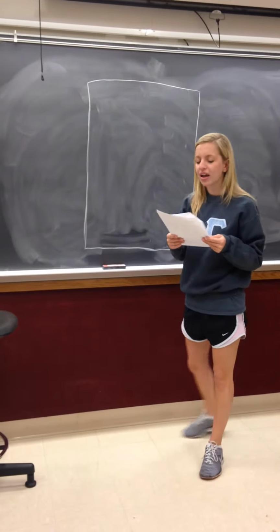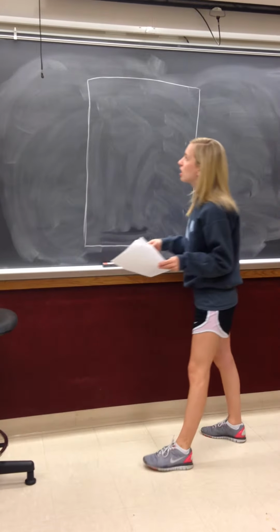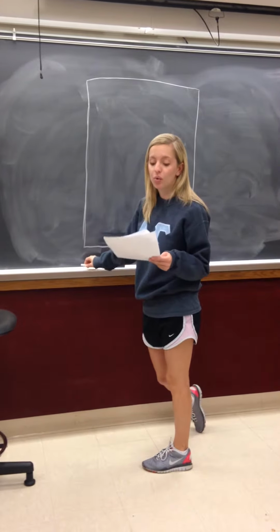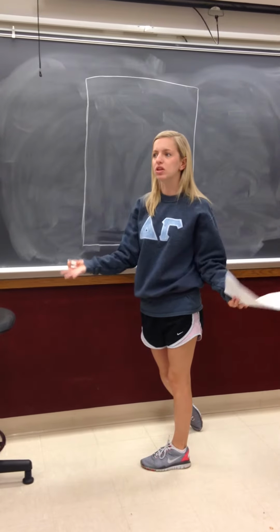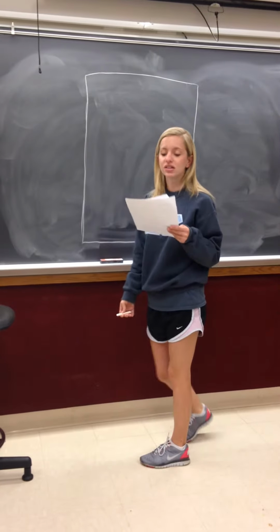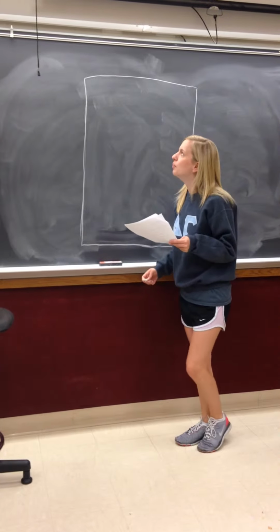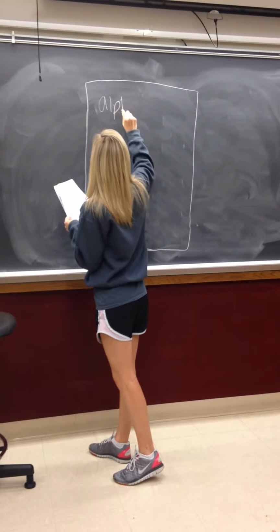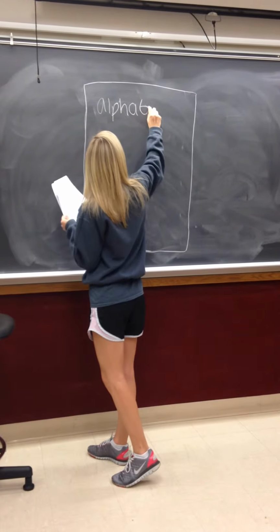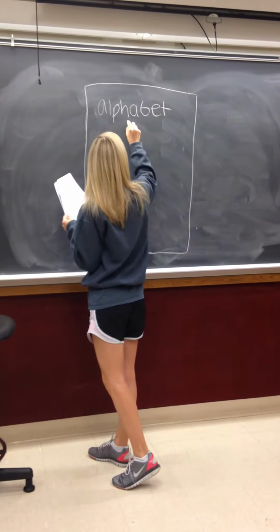So we are going to talk about what we think alphabet books are good for. Like, what can we use them for? First, let's label our anchor chart about what we are going to be talking about.